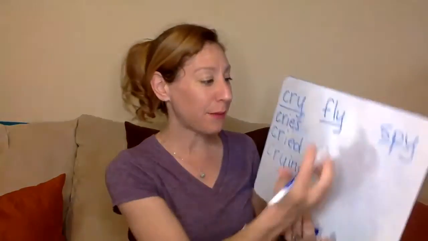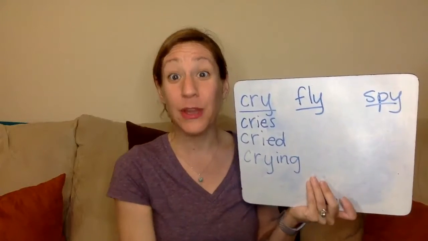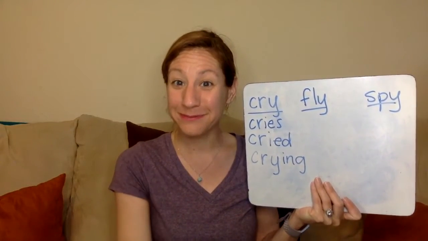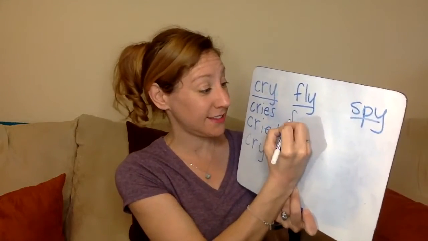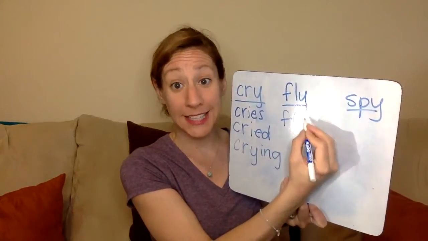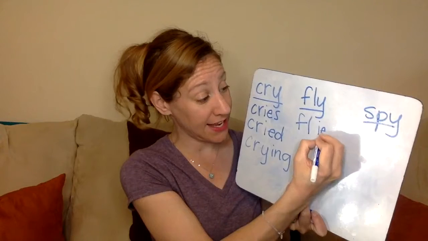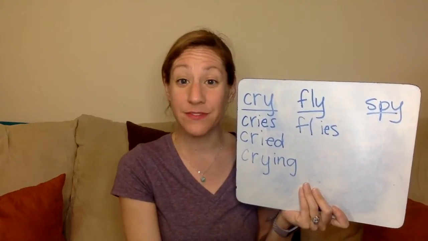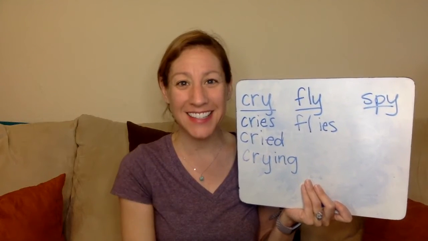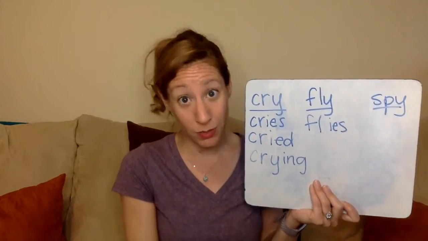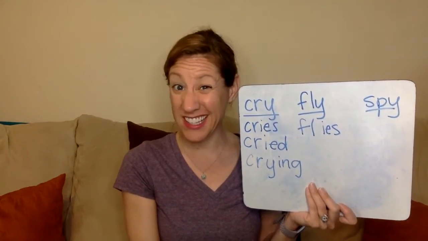Okay? How about with fly? Now, fly is a tricky one, right? Fly to flies works. We replace that Y with IE, flies. Now, do we say flied as the past tense? I flied to Washington, D.C. Is that what I say?